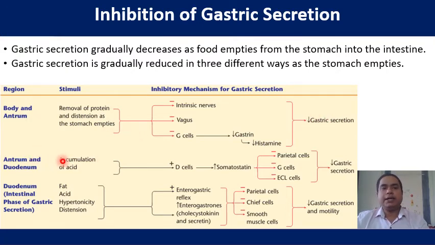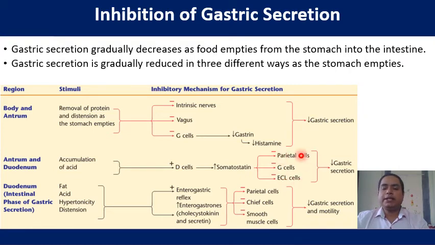In the antrum and the duodenum area, there is accumulation of acid that stimulates the D cell, and the D cell after stimulation produces somatostatin. When the somatostatin is produced, it inhibits the parietal cell, the G cell and the ECL cell.